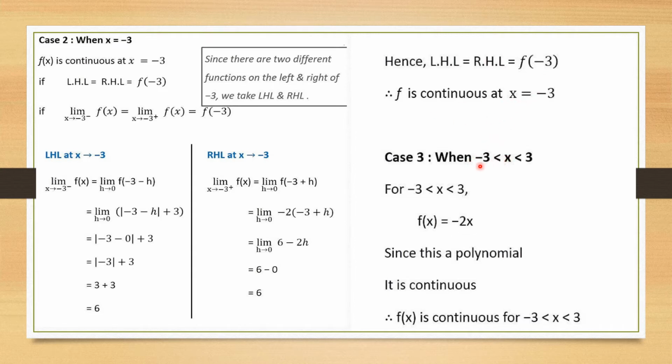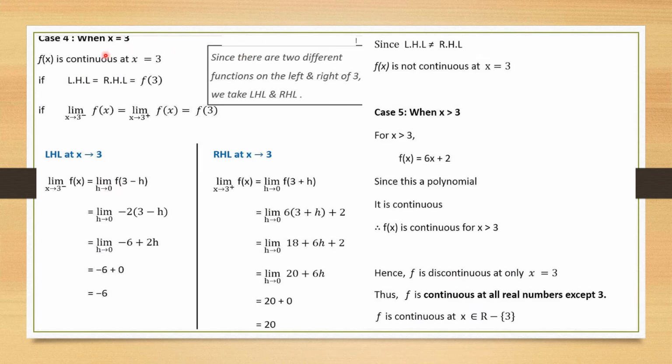Now for x lying between minus 3 and 3, f(x) is minus 2x, which is a polynomial, hence continuous. When x is 3, again you have to check LHL, RHL and the value of the function, as it is defined both ways for x equal to 3. This is how we calculate the LHL: put x as 3 minus h, and you get minus 6.